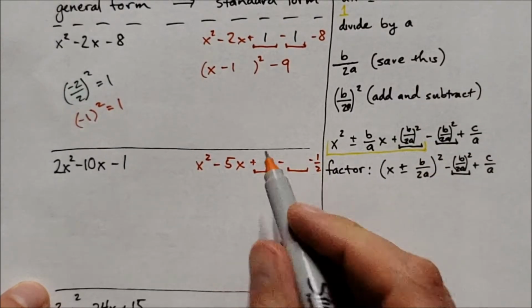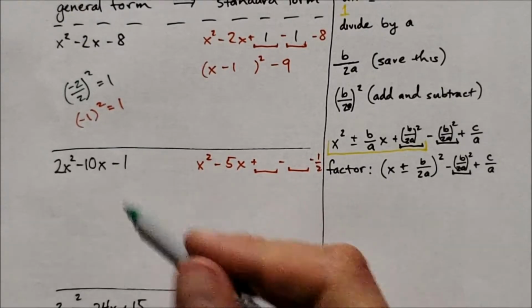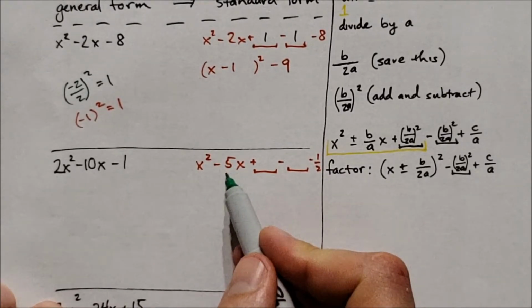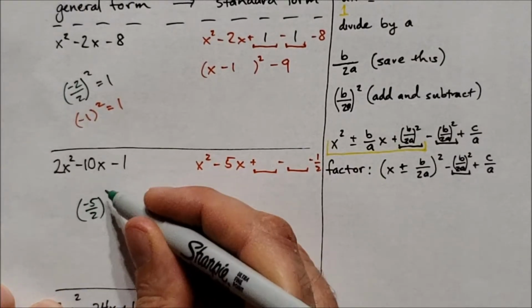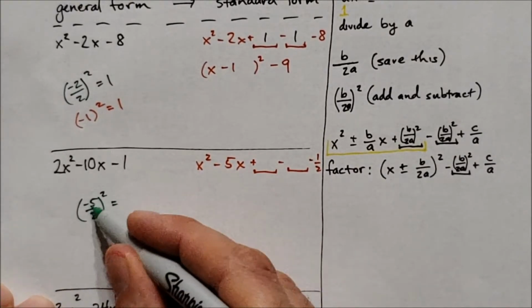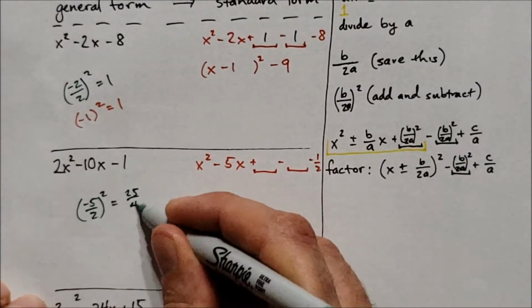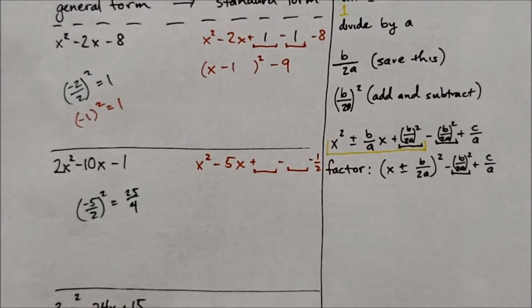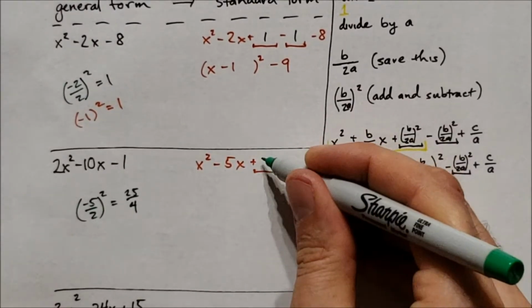We need to fill these in. Well, that requires some side work. We're going to take this negative 5 divided by 2, and we're going to square that. Negative 5 times negative 5 is 25. 2 times 2 is 4. All right, we'll insert that 25/4.